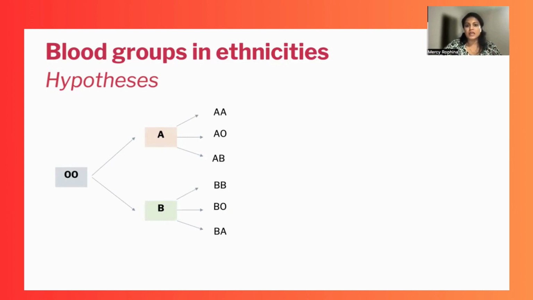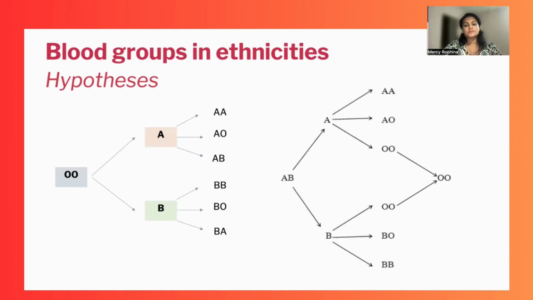This stands as the second hypothesis. In contrast, there is another hypothesis which says that the initial blood group could have been the AB blood group, which stands for the expression of both A and B antigens. With due course of time, certain genetic mutations would have accumulated or dwindled away, which led to the differentiation into just the expression of the A antigen or just the expression of the B antigen, leading to the A and B blood groups separately.